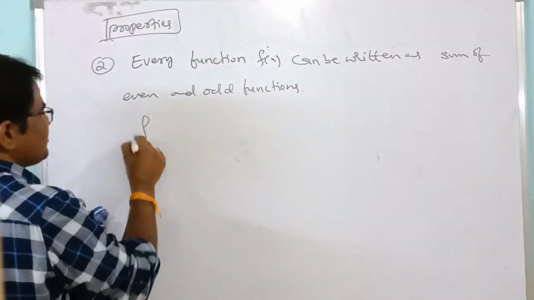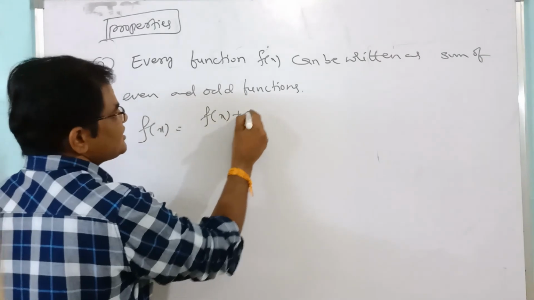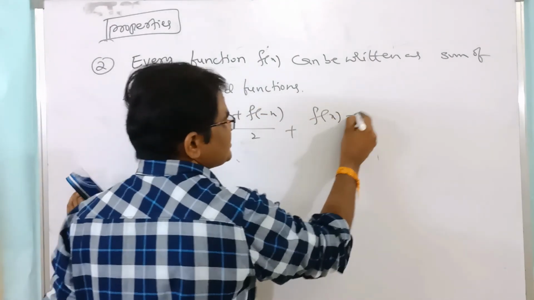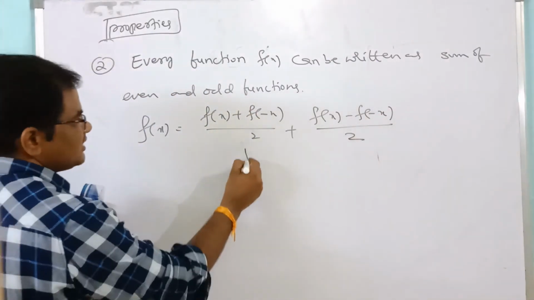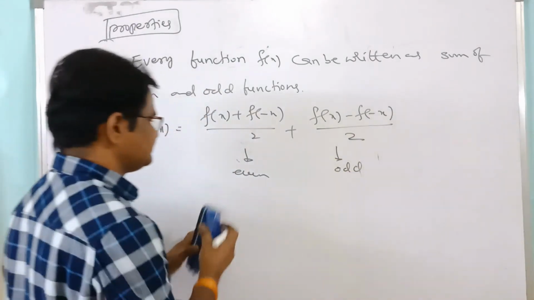Means like this. Suppose f of x is our given function, it can be written as f of x plus f of minus x by 2 plus f of x minus f of minus x by 2. This is also important. This is even function and this is odd function.